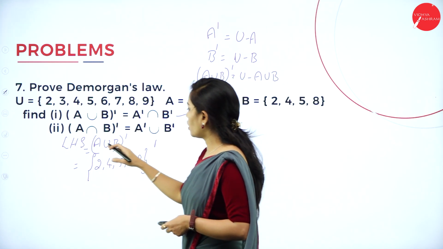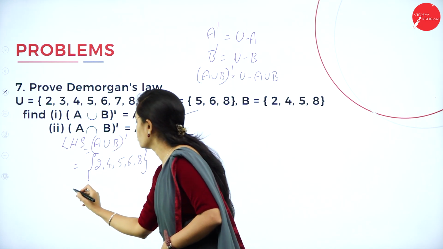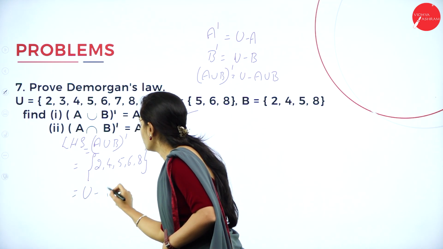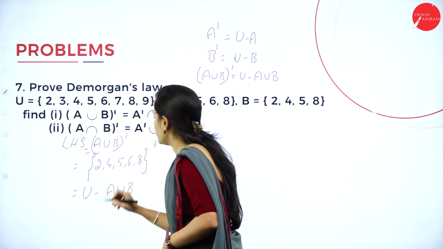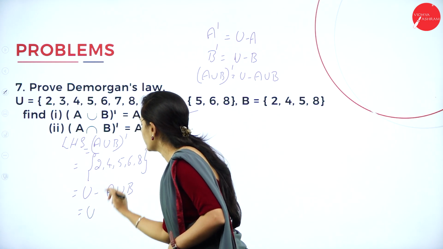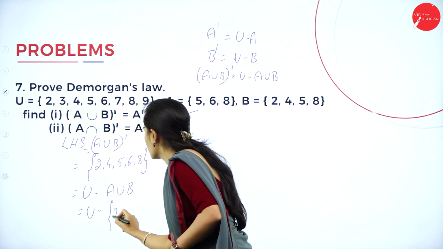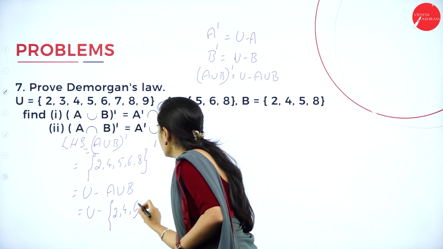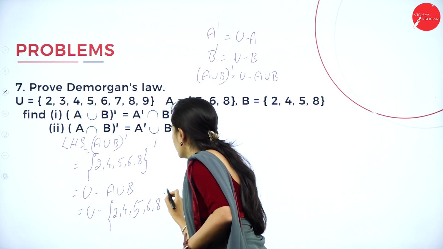What is A union B here? A union B is 2, 4, 5, 6 and 8.